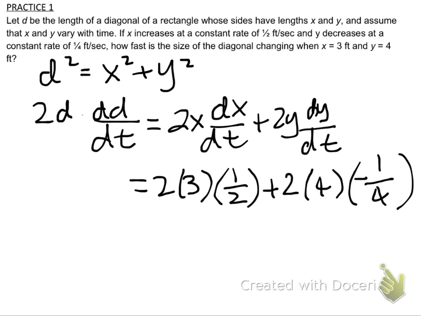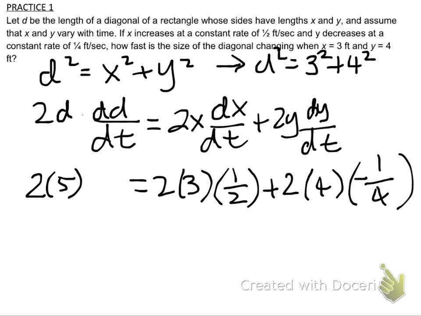Well, let's go back to our original equation. We know that d squared equals x squared plus y squared, so if d squared equals 3 squared plus 4 squared, and you solve that, you will find actually that d equals 5. So I'm going to substitute that in.